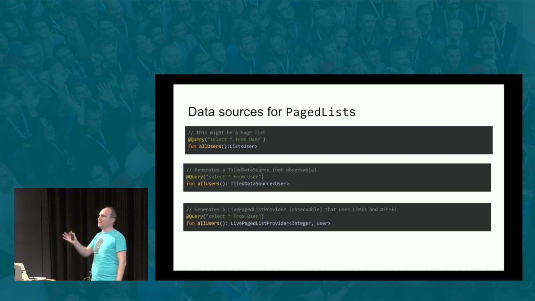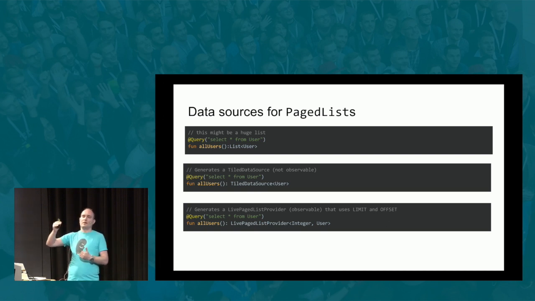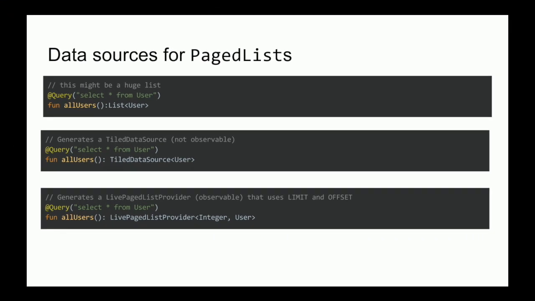So the basic idea of paging is that you have a list, and that list does not contain all the items that you have in your database, but it will be smart about it and fetch the chunks as they are needed. So going from this to a page list is as easy as just specifying the return type as a tiled data source of user.